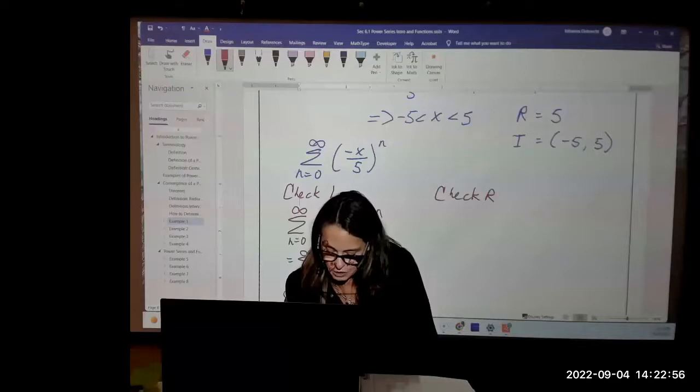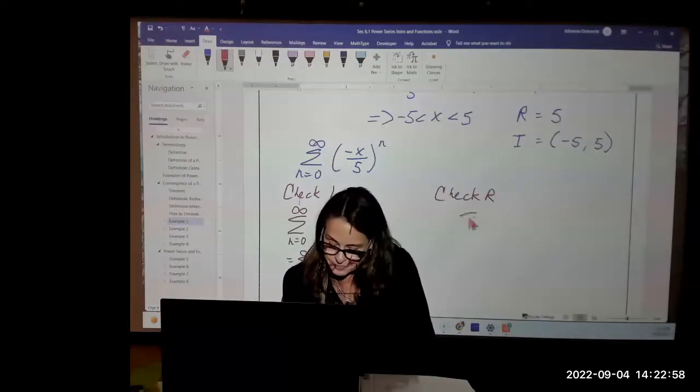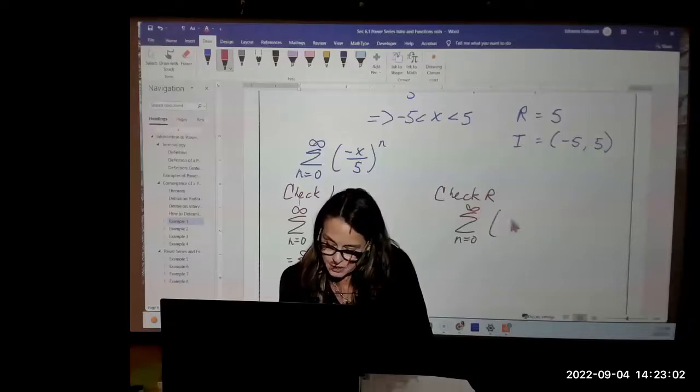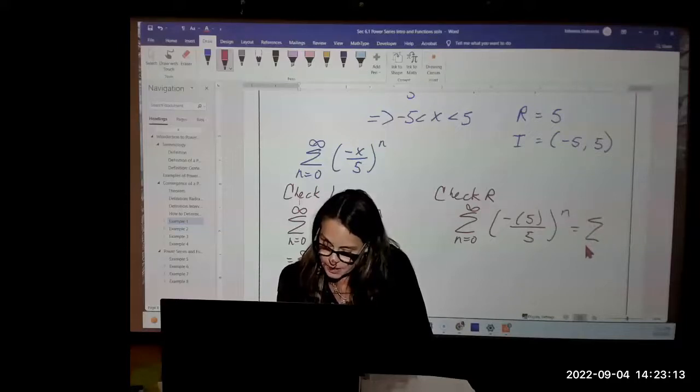Now you can take a look at the right endpoint, doing the same process and substituting the value of 5 in place of x. And then you get -1 raised to the nth power.